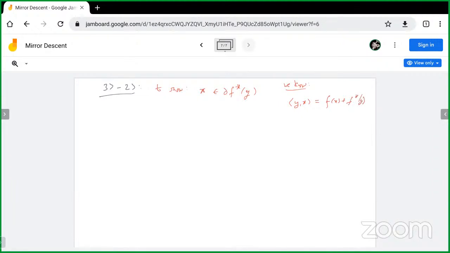So let's see how to do this. Let's pick any vector v. What is f star of v? That is the supremum over u.